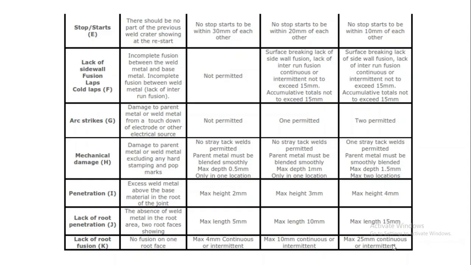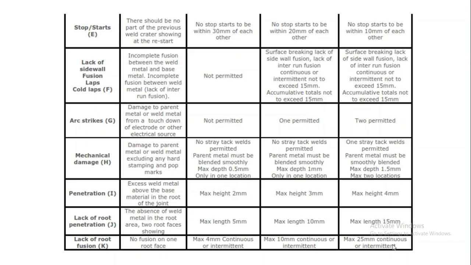So in group A, it is rejected, it's not permitted. In group C, two arc strikes in two places are accepted, it's permitted. This arc strike you can see on the weld face, you cannot see on the root face, so be careful.